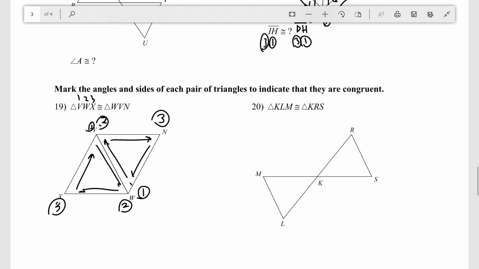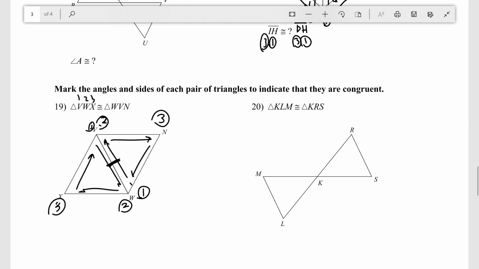So we're going to be marking congruent sides and angles. To do this, we have to make sure that we are marking the correct orders. One thing that we can already do is, I know that VW, WV is overlapping. They're touching. They are the same exact side. So that would be one congruence.